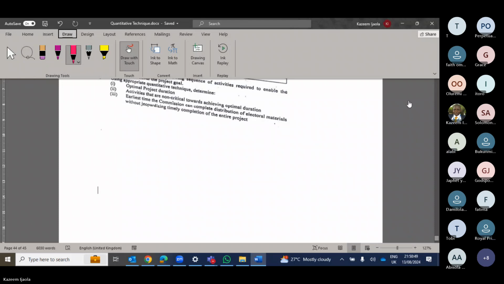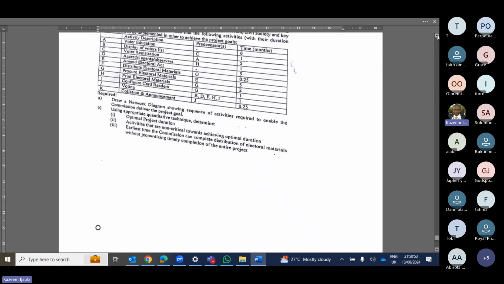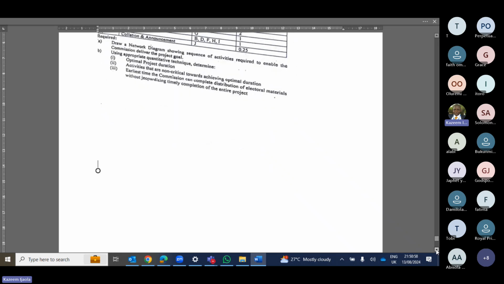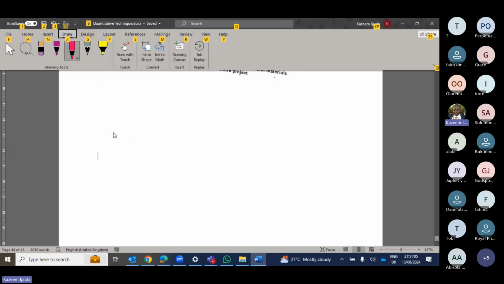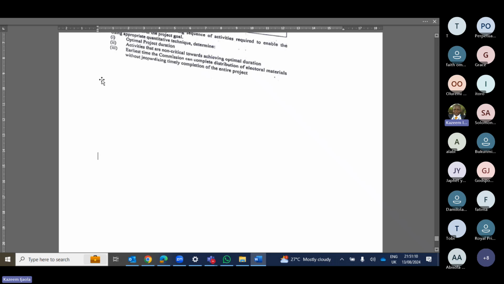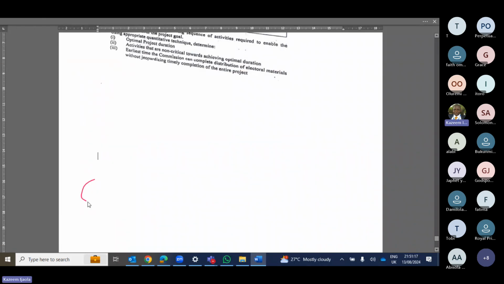Activity A is from the origin, so we do our activity A. My marker has not come out; let me take my pen again. Activity A is from the origin, so I will draw it.